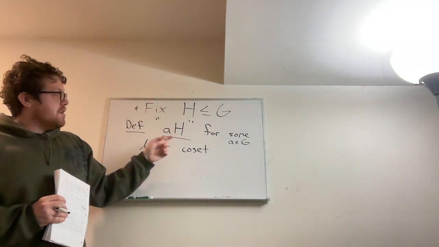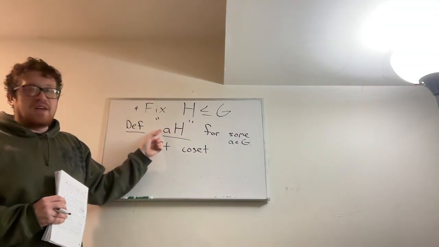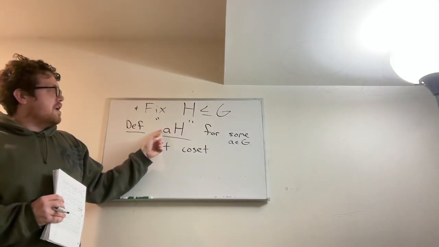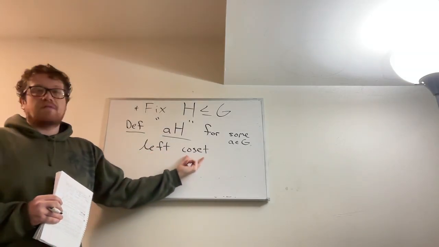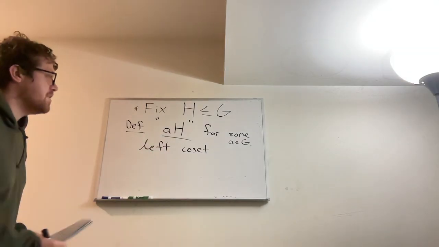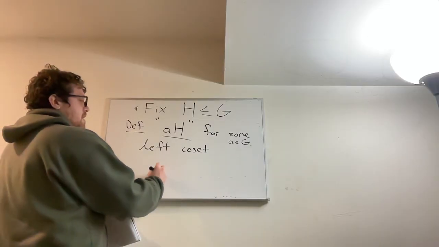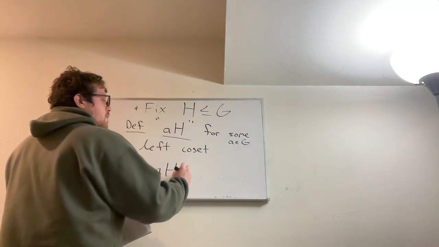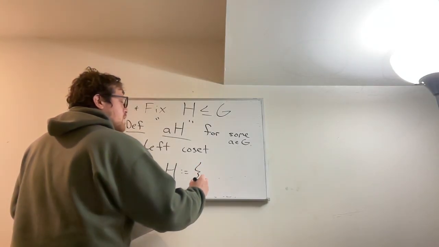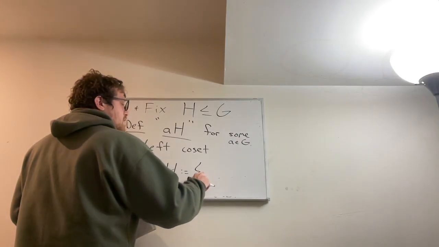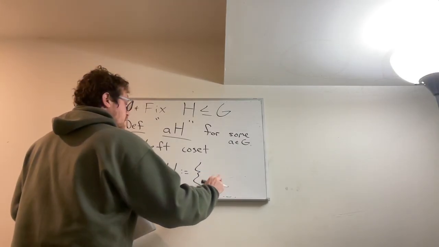It's not usually a group, unless a is the identity. But we call it this left coset. So aH is defined as we multiply every element in H by a.